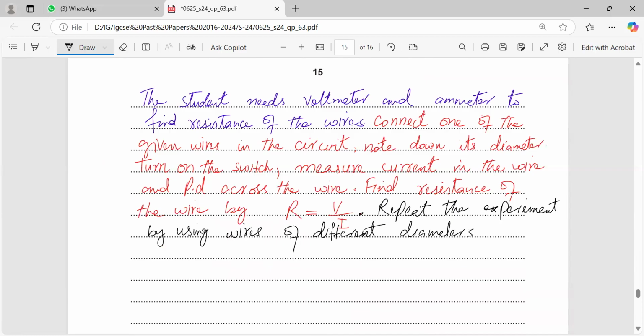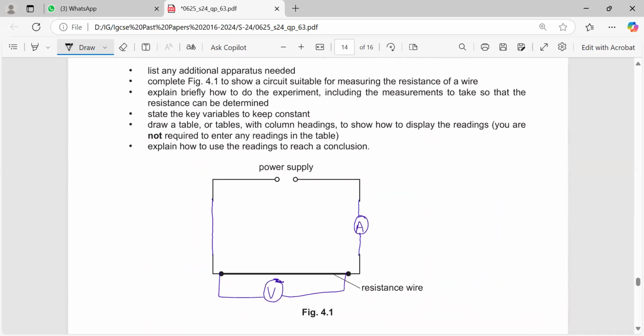As I told you in the beginning, this independent variable will be there for at least 1 mark to write. Repeat the experiment by using wires of different diameters, because diameter is the independent variable. Okay. Then next is, this is done, this is done, this is done.